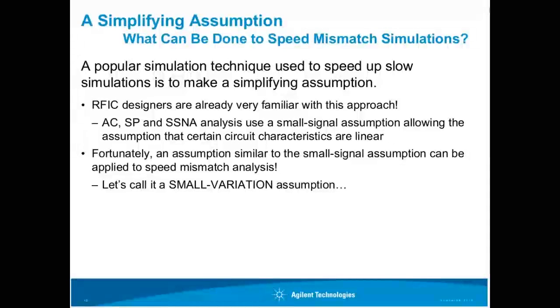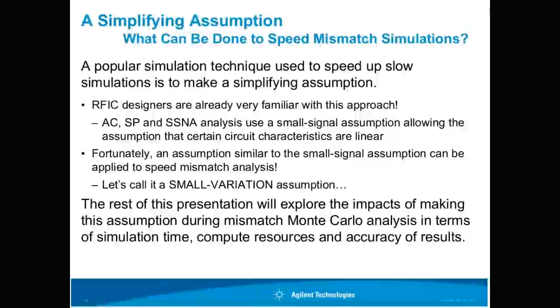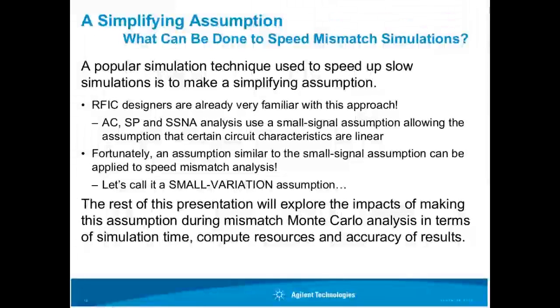It's not a small signal, but we're going to assume that the variations in the design kit for mismatch are small. The goal of using this assumption is to get some speedup. So we're going to explore how this assumption changes our simulation time and the amount of compute resources we need, but also, importantly, what it does to the accuracy of the results.